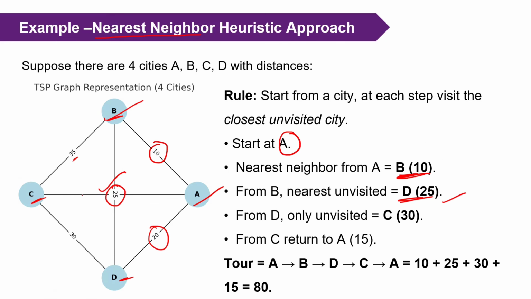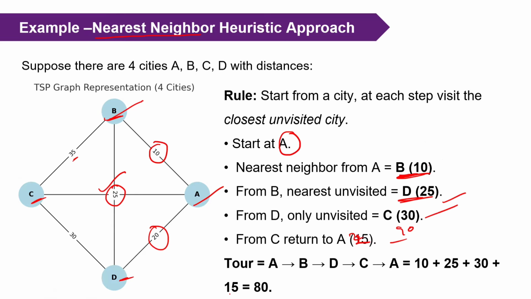Sorry, this is 25. Now the total cost is 10 plus 25, 35, 35 plus 30, 65, 65 plus 15. Suppose it is 15, or if it is 25, 90. We are getting some value. But observe here you are getting the value 90 or 80, whatever it is.